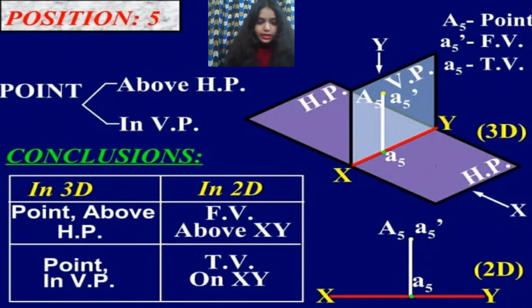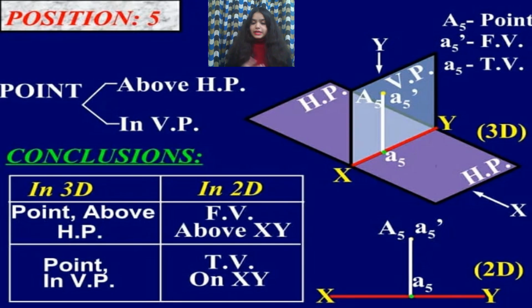Next case: above HP. Our point is above HP but in VP. Just look at the 3D model and you will be able to get it very quickly, because you have studied all 4 cases, which were the basic and main ones. Now you can make any of the cases.